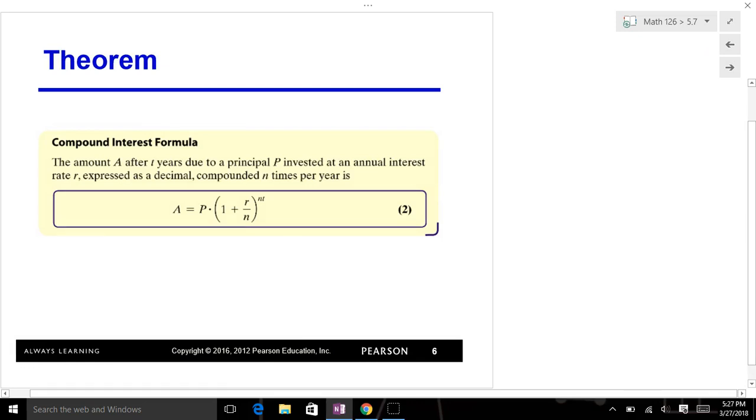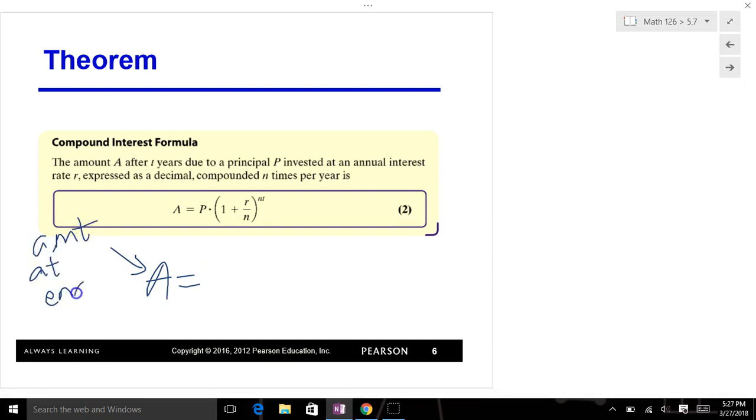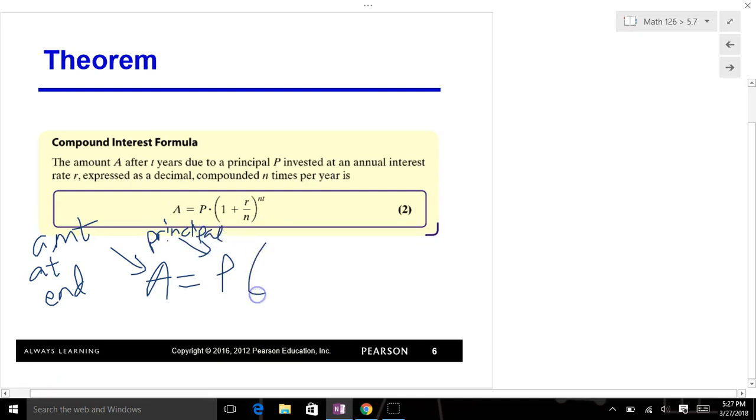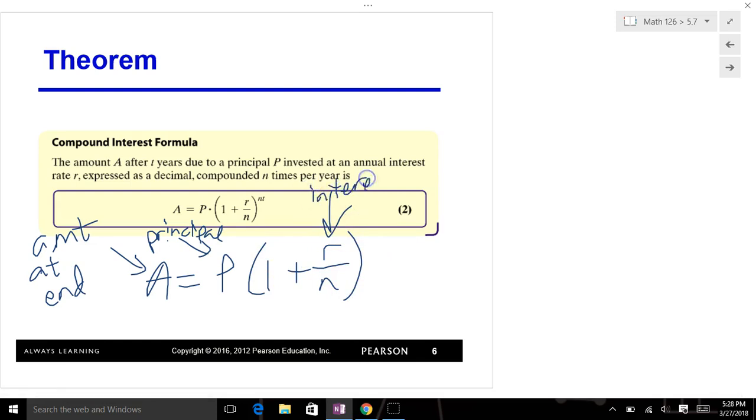So you have a simpler formula that you can use just for that scenario. The account balance, so how much you end up with at the end, the amount A at the end of time t, is equal to P, the principal amount, or what you start with, times 1 plus R over N. R is your interest rate, and this also has to be as a decimal.